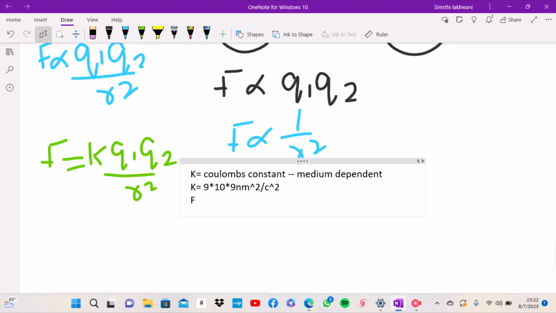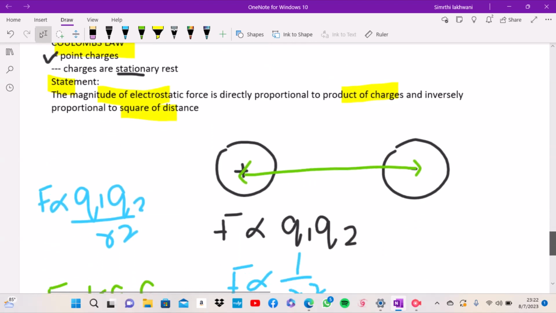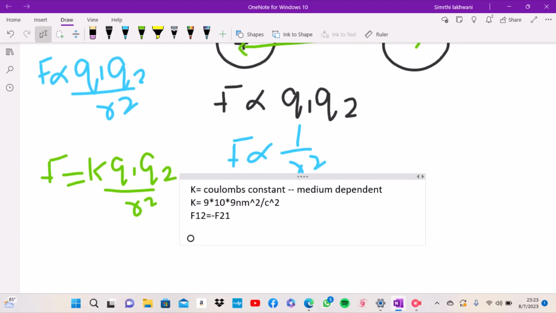Remember one more thing, that force on 1 by 2 is equal to minus the force on 2 by 1. What does that mean actually? It means that the force on charge 1 applied by 2 is equal in magnitude but opposite in direction to the force applied on 2 by 1.